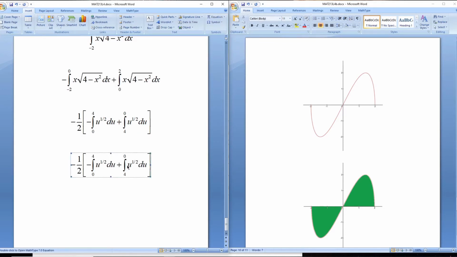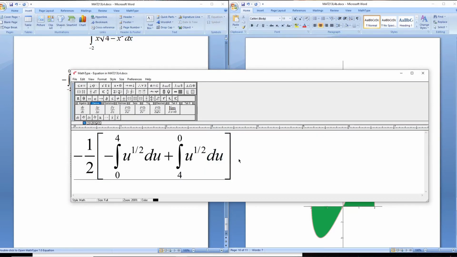And again, we did this integral. So our first integral here, u to a half, we know that goes to u to the 3 halves.